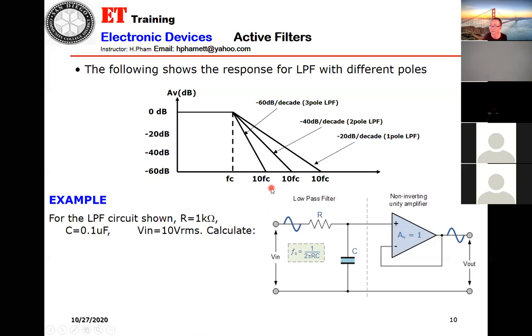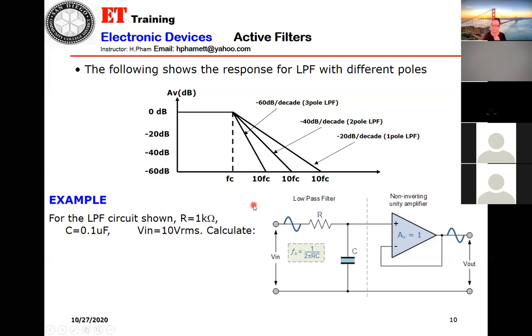On the bottom where they have the 10 FCs, they're supposed to draw three different ones? That's the same for a decade: one decade here for 3 pole, a decade here for 2, and a decade here for 1. They compare between different poles, telling you which one is the good one.